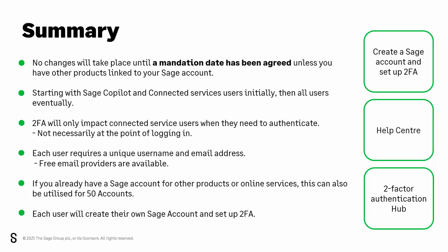So if they might use a shared one at the moment, and you're unable to create one through the business domain, then there are other free email providers available. If you already have a Sage account for other products or online services, this can also be utilised for 50 accounts. And lastly, as I've said, each user will create their own Sage account and set up their own 2FA.